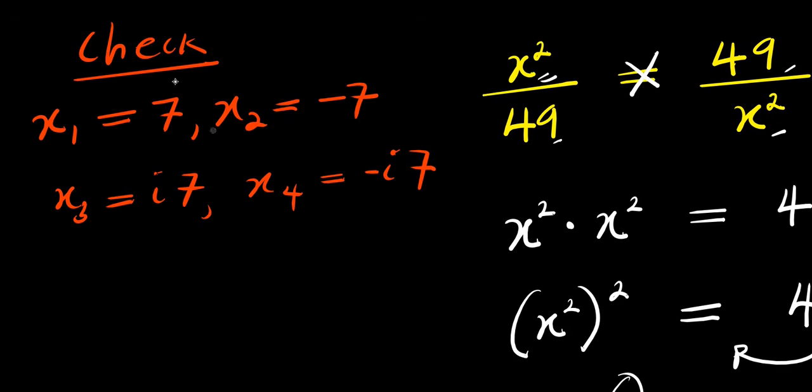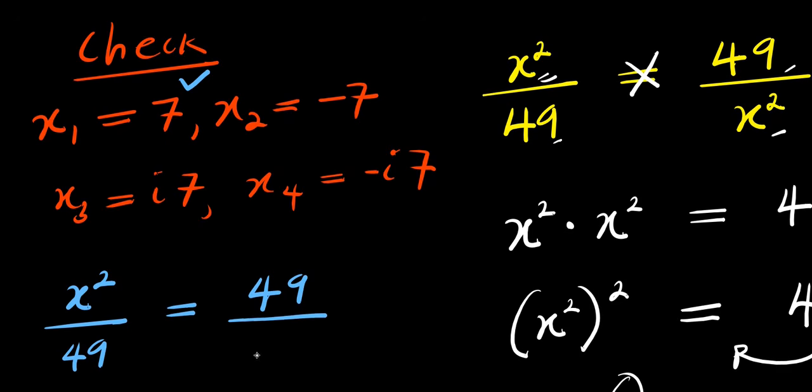So we start with x1. Remember, it's x squared divided by 49 equals 49 divided by x squared.